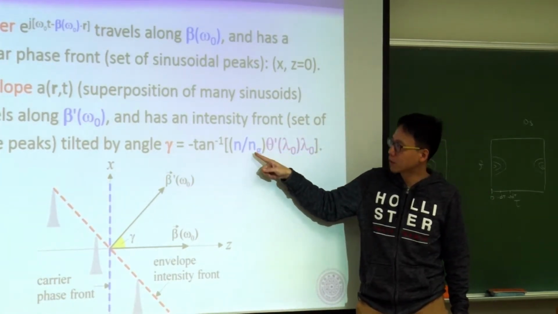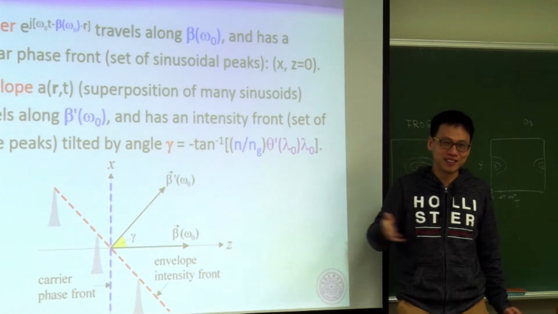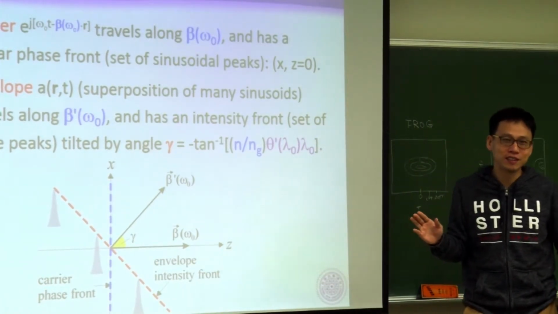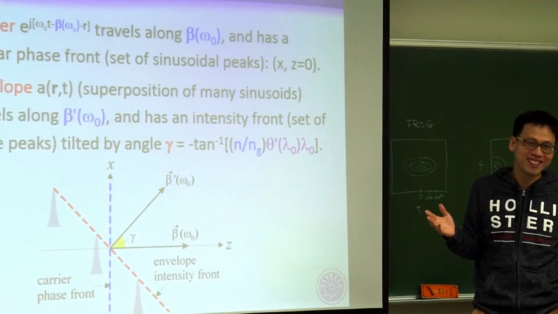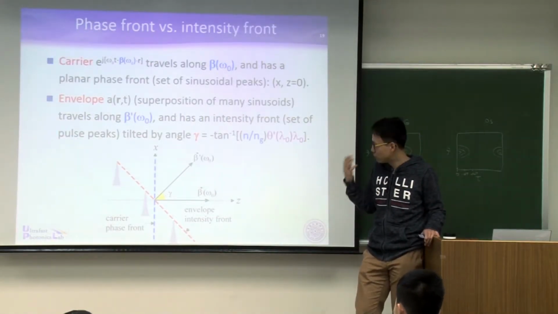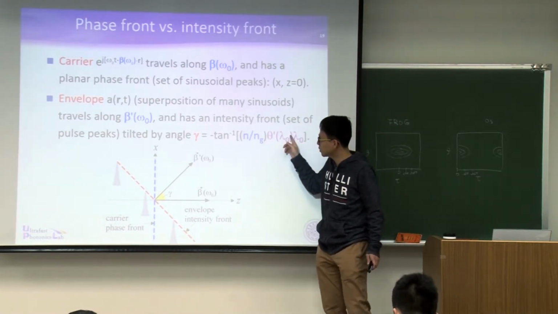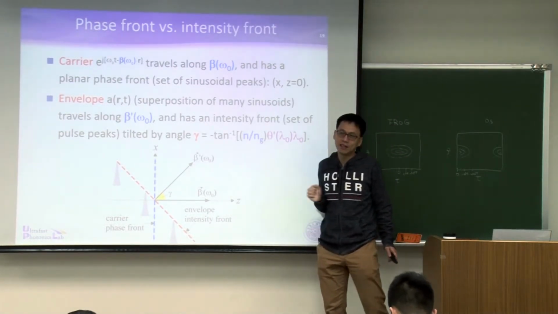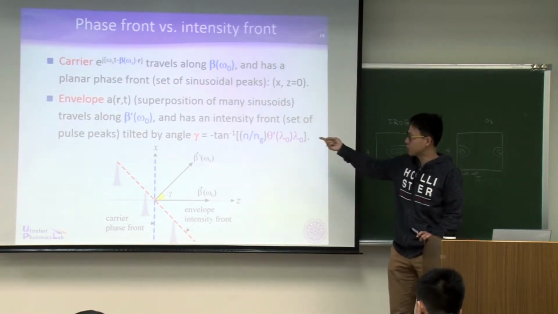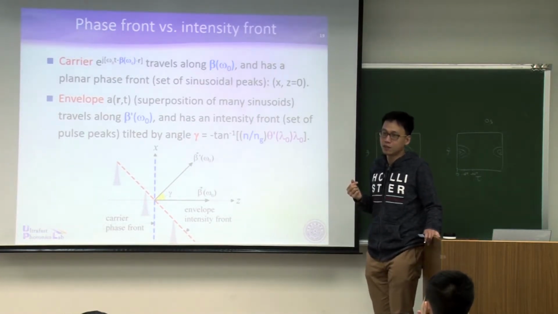And the multiplication with 0, whatever, is always 0. So gamma will be 0. No intensity front tilt anymore, even if you have material dispersion. But if you have angular dispersion, material dispersion will further enhance the front tilt. The gamma angle could be larger because of the index ratio.